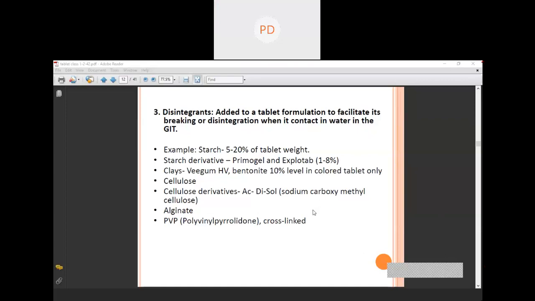It helps in breakdown of the tablet when it comes in contact with water or any gastrointestinal fluid. Without a disintegrating agent, the tablet remains the same for a longer period of time. So disintegrating agents help the tablet to disintegrate properly when it comes in contact with the water or any gastrointestinal fluid.